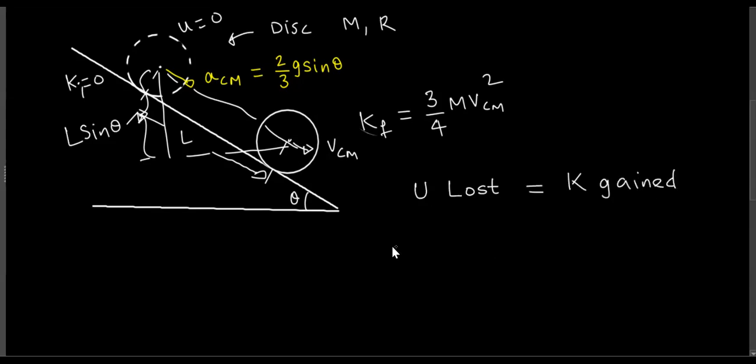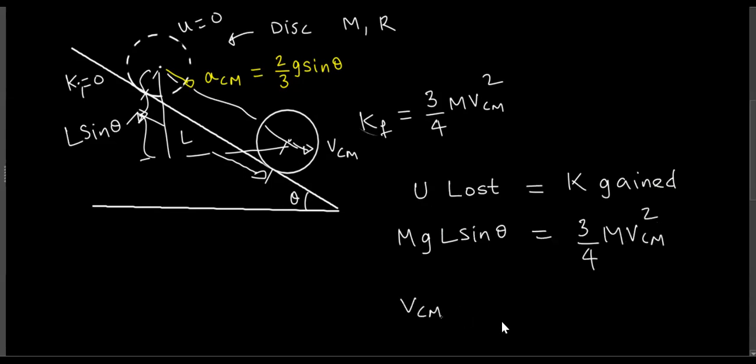The potential energy lost is mgh, with height L sine theta, and the kinetic energy gained is, again not half m v square, but 3/4 m v_cm square. It is slightly greater. Now, v_cm is the square root of 4 by 3 g sine theta L. So we get exactly the same answer that we got earlier as well.